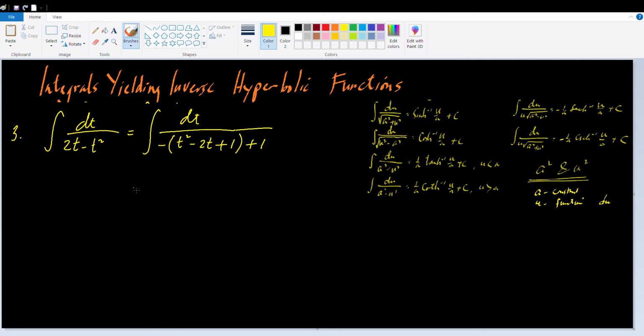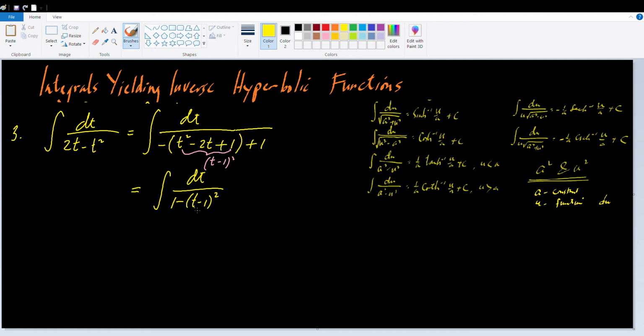Alright? So now we have the integral of dt all over 1 minus t squared minus 2t plus 1, which is t minus 1 squared. Alright? So 1 minus the quantity t minus 1 squared.